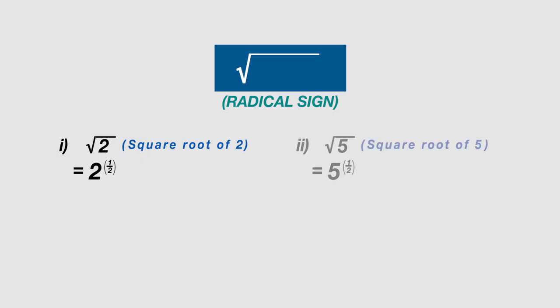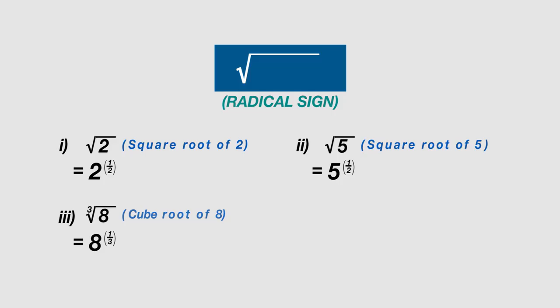Again, the radical sign with 5 under it is called the square root of 5. And it can also be written as 5 raised to the power half. When we have a small 3 in front of the radical sign with the 8 under it, we call it the cube root of 8. It can also be written as 8 raised to the power 1/3.